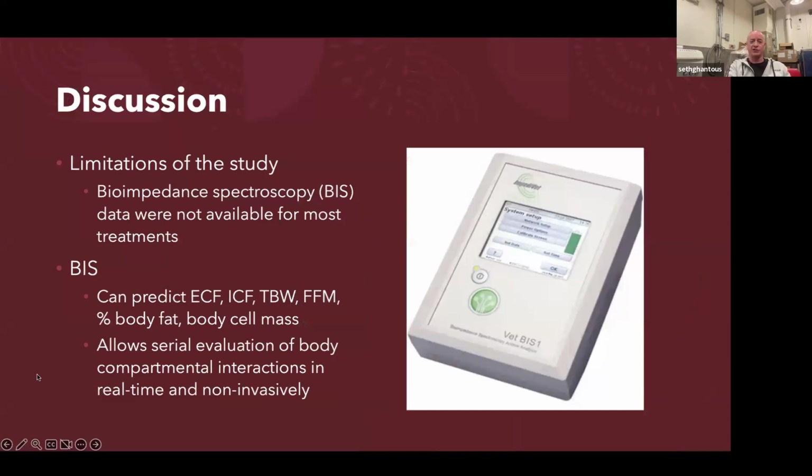Another limitation of the study was that bioimpedance spectroscopy was not available for most of the treatments. This unit on the right is a veterinary available bioimpedance spectroscopy unit that you could use to help predict extracellular fluid volume, intracellular fluid volume, total body weight, fat-free mass, percent body fat, and body cell mass.